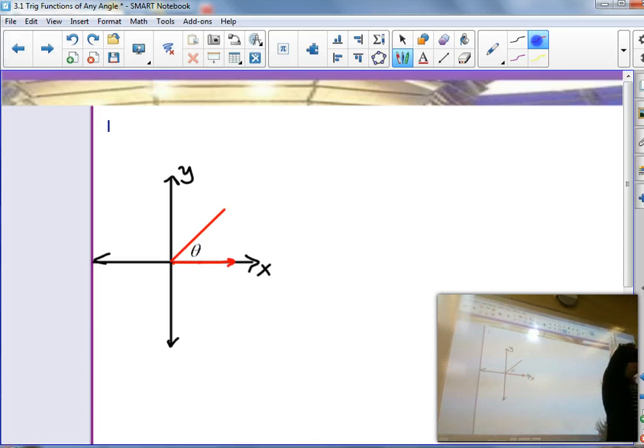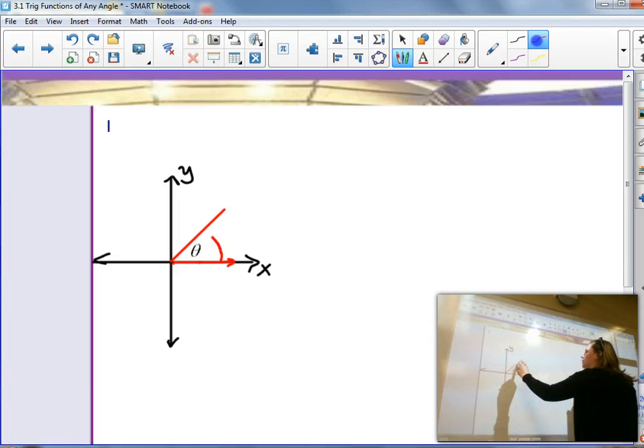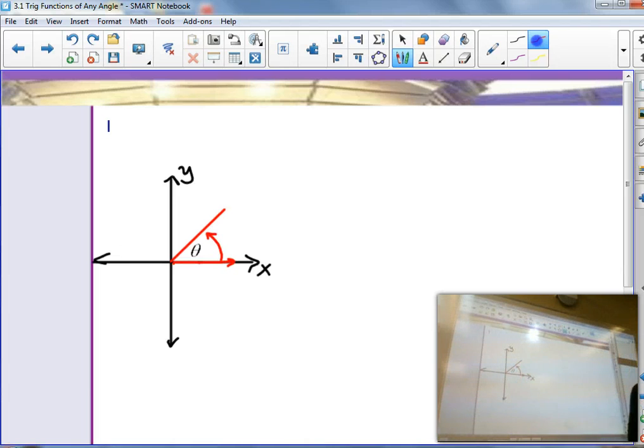So if I draw one side of the angle that's the positive x-axis, and I visualize myself rotating in a counterclockwise direction, we would say this angle is in the first quadrant, right? Because the side that's formed is in the first quadrant.